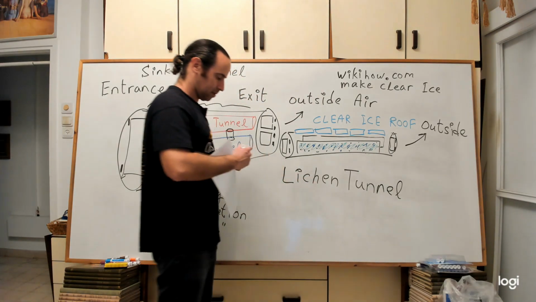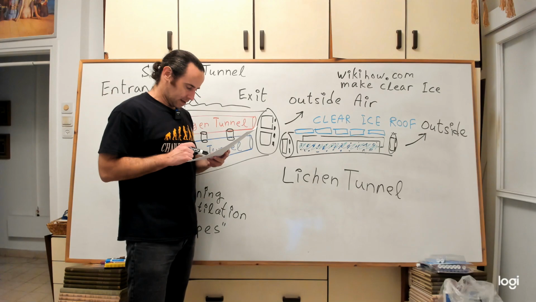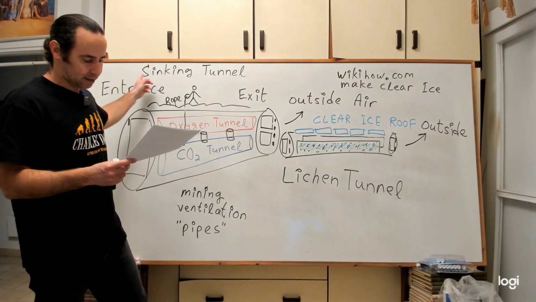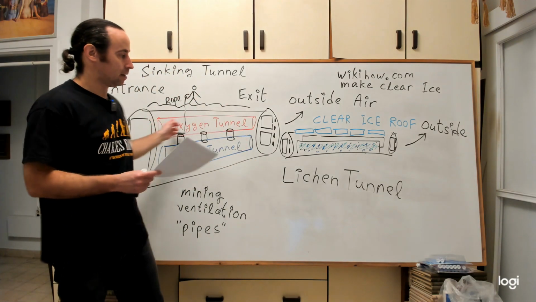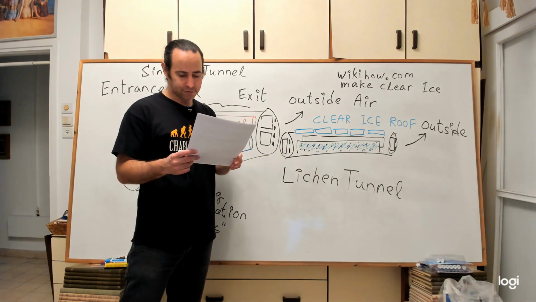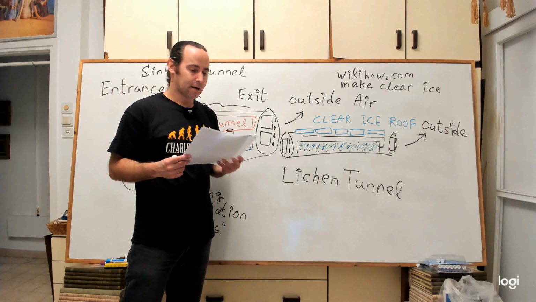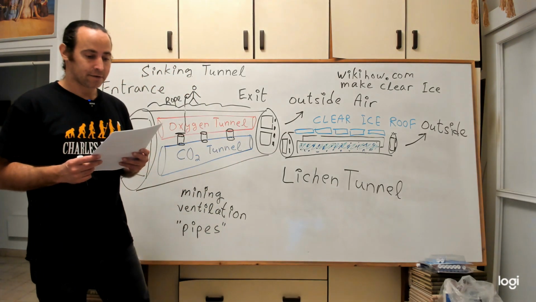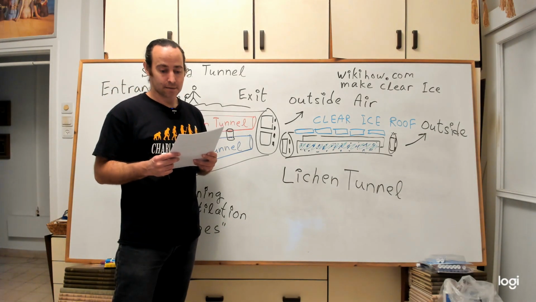I'll read it to you, it's easier. The ratio of the sinking tunnels to lichen tunnels doesn't have to be 1 to 1. If we see that one of them takes a longer time than the other, we can connect more tunnels from the slow kind to each one tunnel of the fast kind.